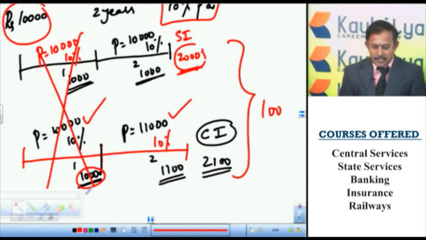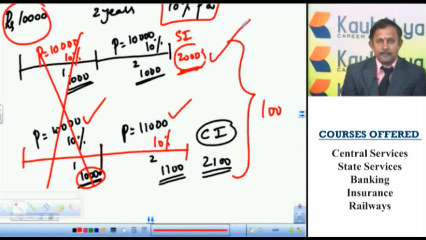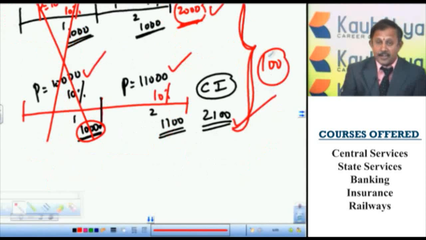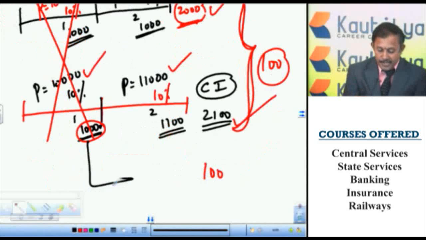At the end of 2 years, the simple interest is 2000, the compound interest is 2100, and the difference between these two is 100. How we are going to define this 100 is, this 100 rupees is nothing but the interest collected on first year's interest in the second year.